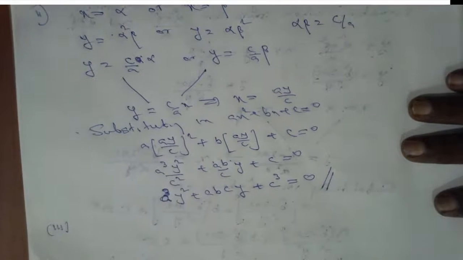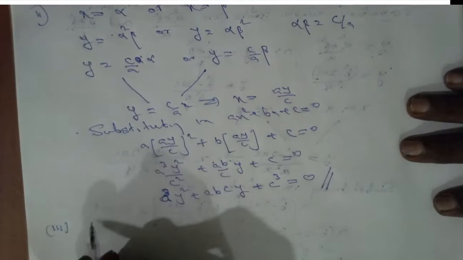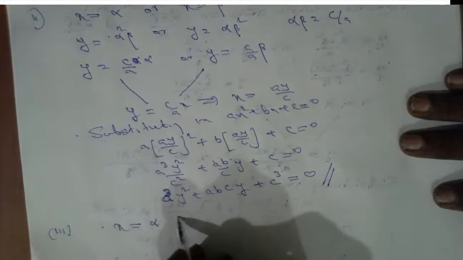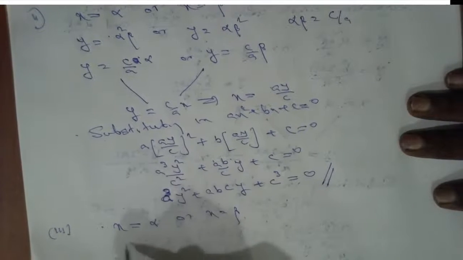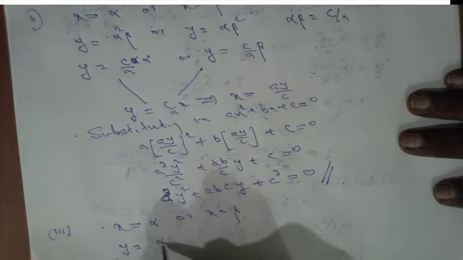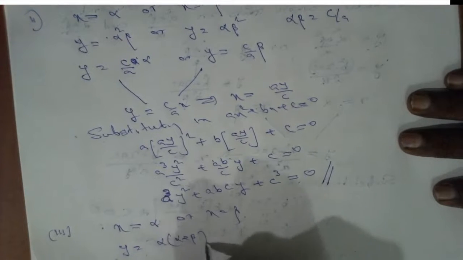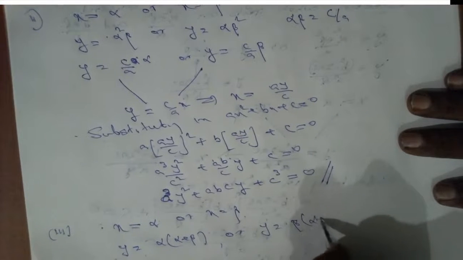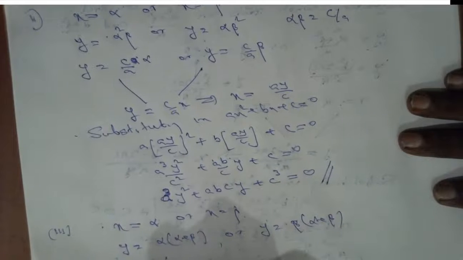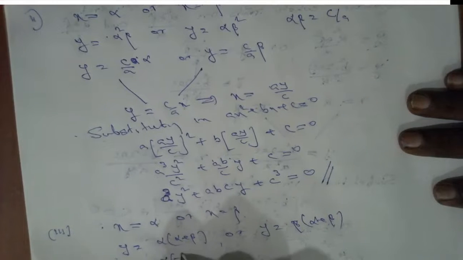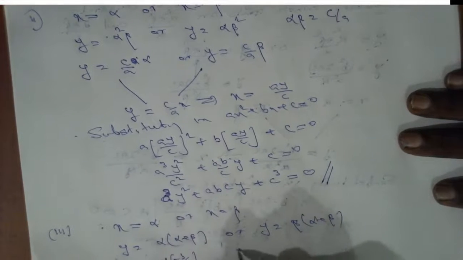Then part 3. Finish this. That is also very easy, no? x equals alpha or x equals beta. So y equals alpha times alpha plus beta, or y equals beta times alpha plus beta. For alpha plus beta you can substitute; alpha plus beta is constant, that is minus b over a.